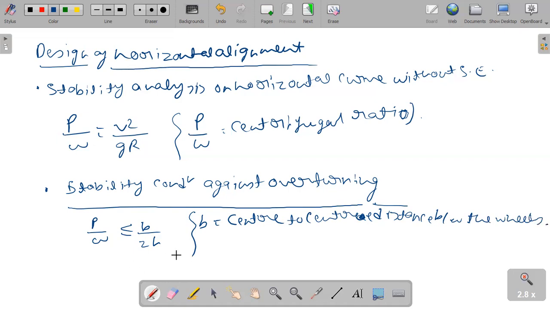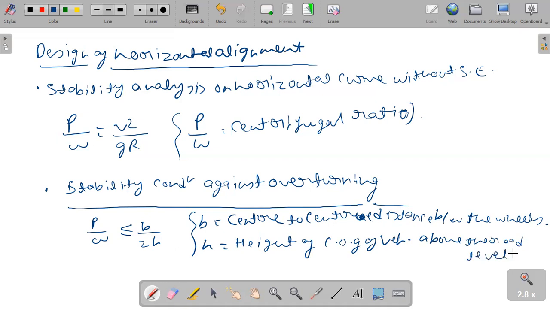H is the height of center of gravity of the vehicle above road level. So this is all about stability condition against overturning.